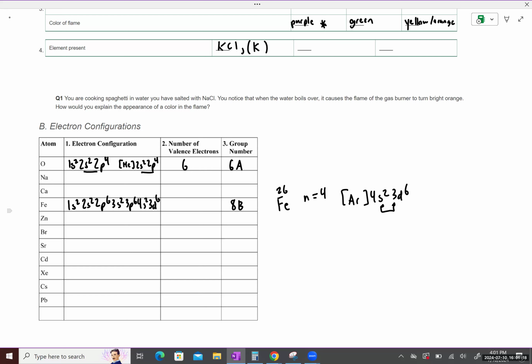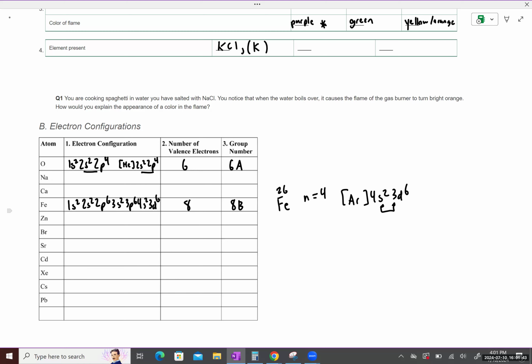So if we count up our valence electrons, we have 8 outermost valence electrons available for iron. This is something unique about transition metals in that they can lose their d electrons during ionization.